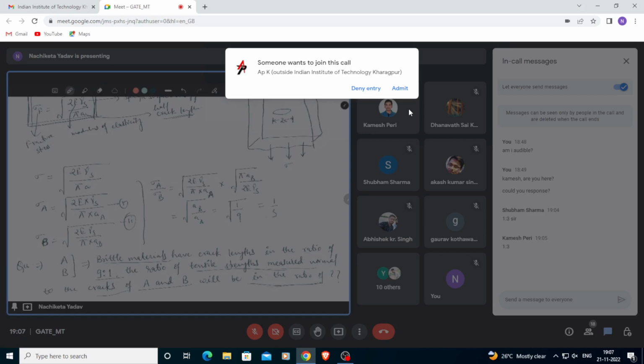Square root gives 1 by 3. So sigma A to sigma B will be 1 is to 3.